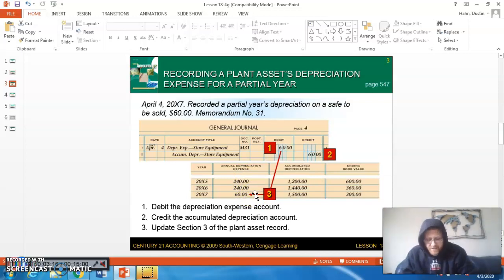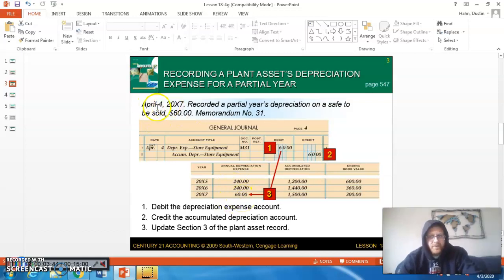The depreciation for this safe was $240 for the past 2 years, it looks like. Since we got rid of it in April, we take that 240 divided by 12, which equals 20. So you get $20 per month of depreciation.